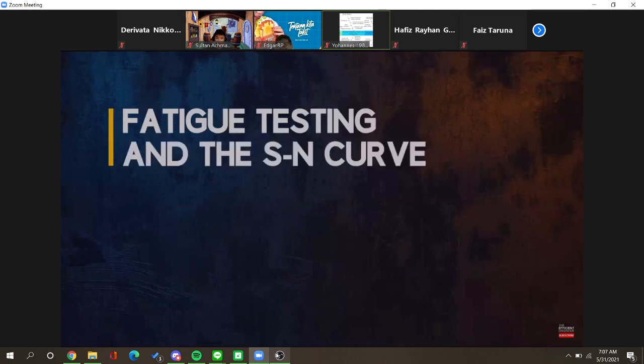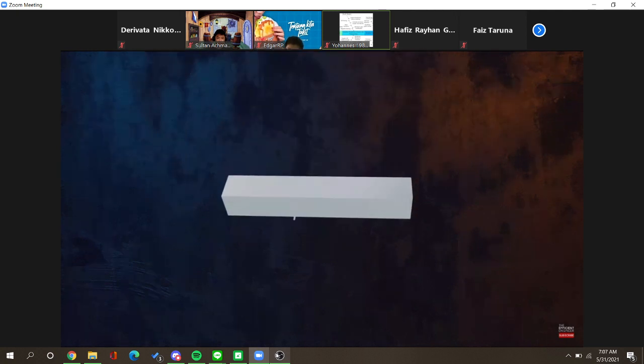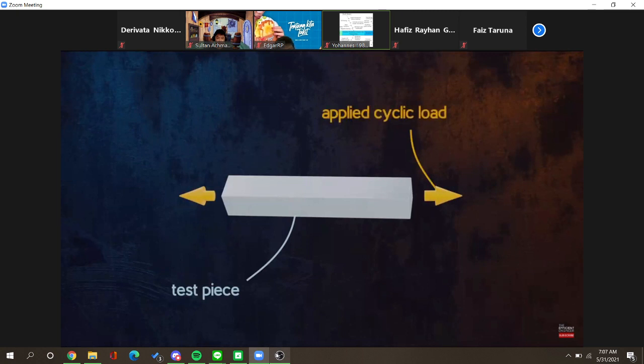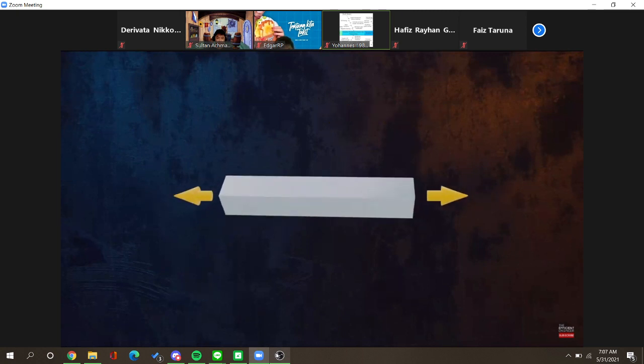So how can we figure out whether a component is likely to fail due to fatigue? One common approach is to run fatigue tests by subjecting a component or test piece to a large number of constant amplitude stress cycles and counting the number of cycles until it fractures.